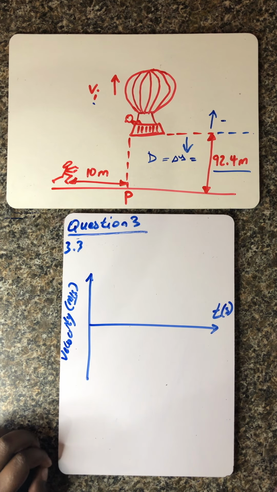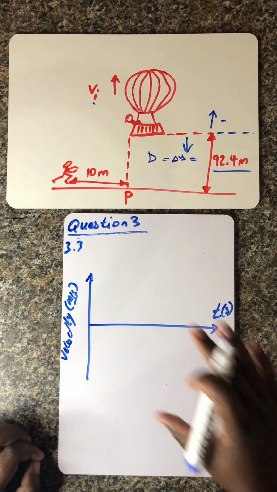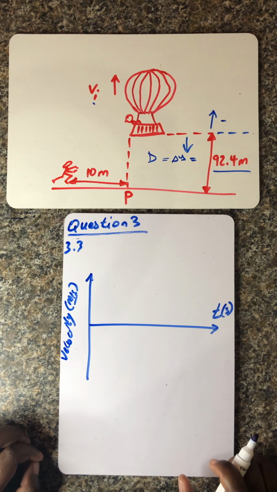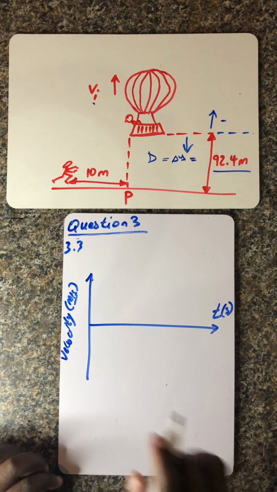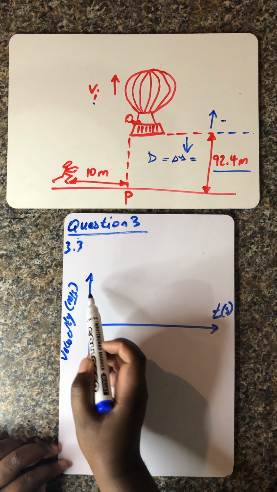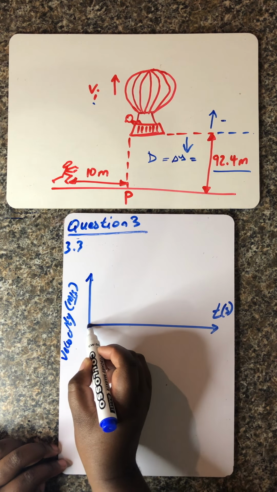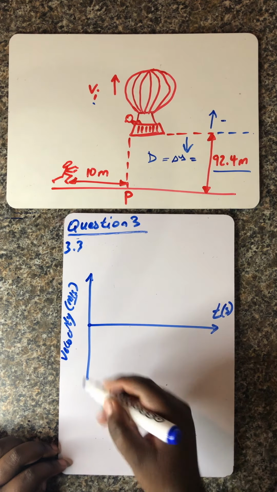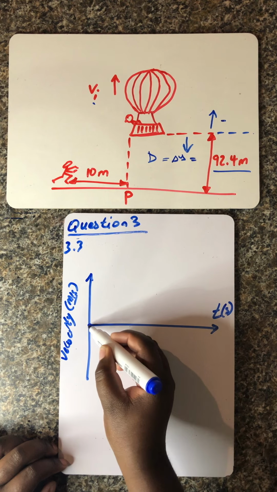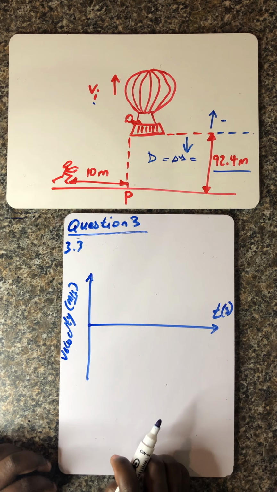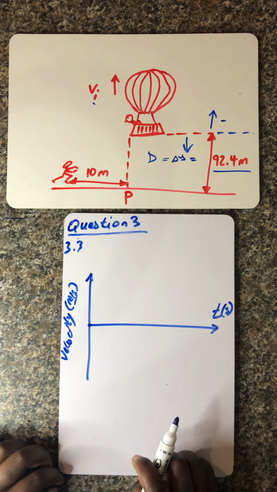Remember, also when you draw this type of graphs, you still have to assume the directions, so that we are able to understand that from that point going upwards is the positive side of the velocity. From this point to that side is the negative side of the velocity.